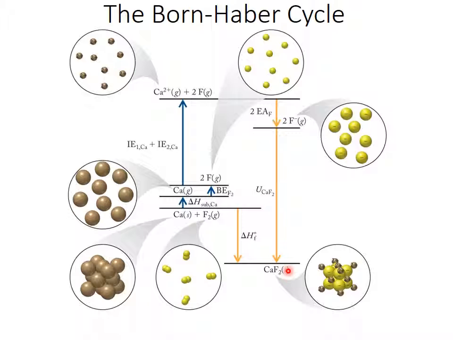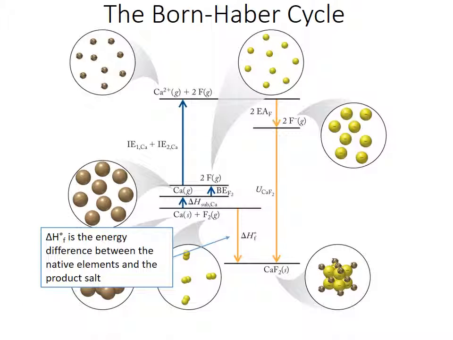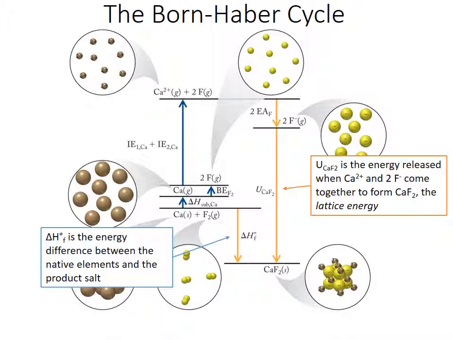I need to draw your attention to 2 similar but contrasting energies on this diagram. The first is the delta H_f. Delta H_f is the heat of formation of the calcium fluoride. This is the energy associated with that formation reaction, because you can see we've started with elements in their native states and we've gone to the salt. The second one is the U_CaF2.